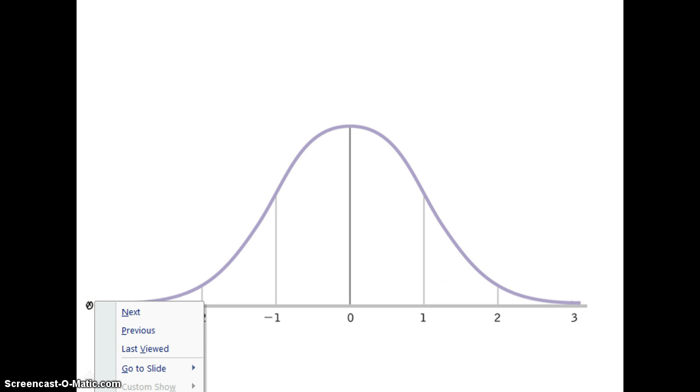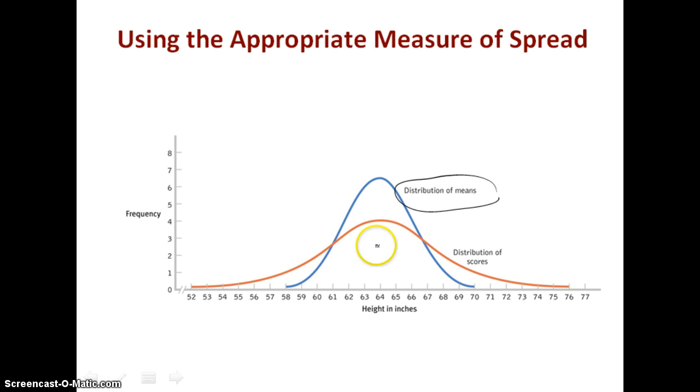So why do we think it's so large? Probably because the underlying distribution of scores is not normal. It's probably skewed. There are probably a few really expensive houses up here.